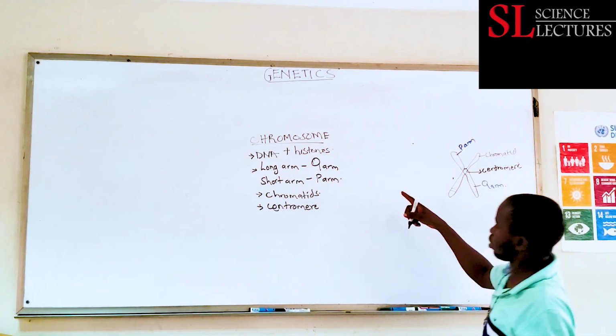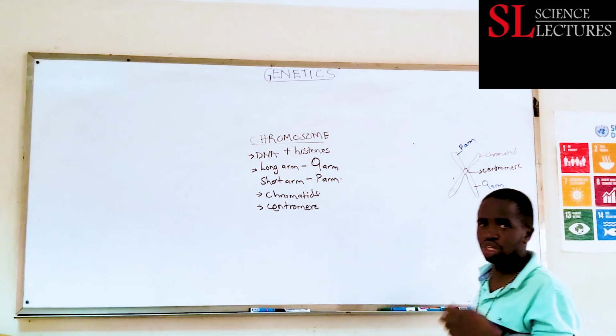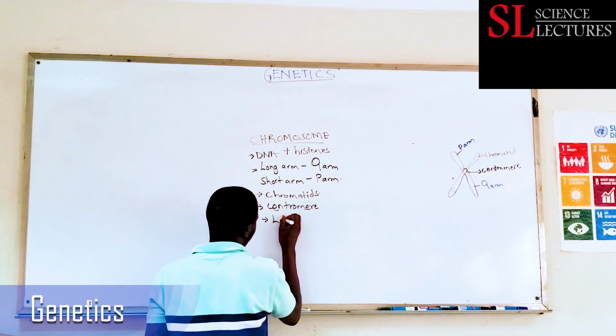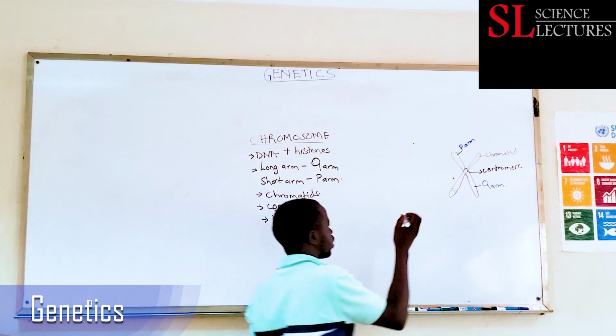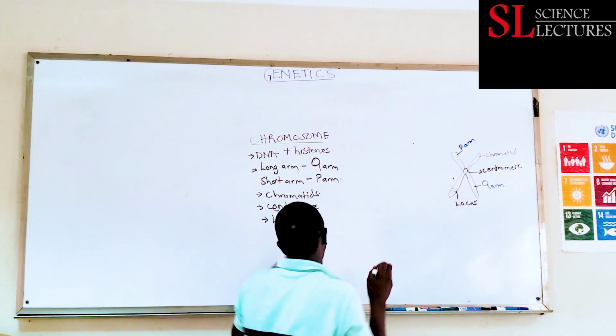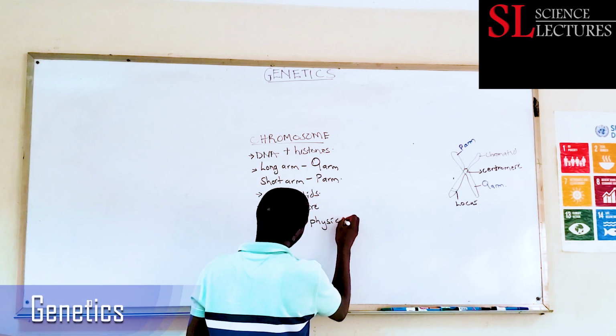Then within this chromatid, we have specific points where we have genes located, and we call that a locus. For example, this can be a locus for a specific gene. A locus is the physical location of a gene on a chromosome.